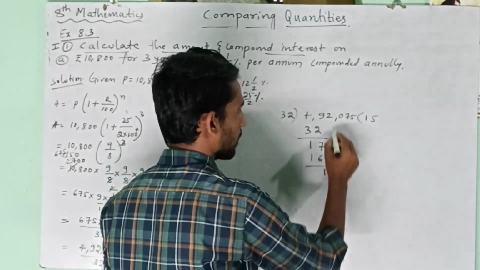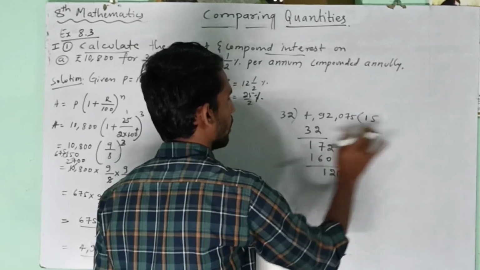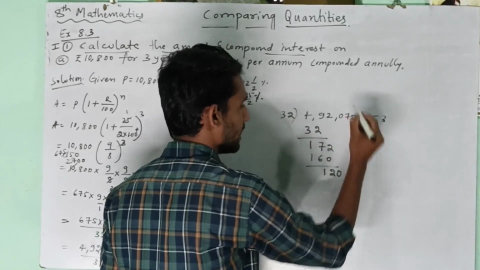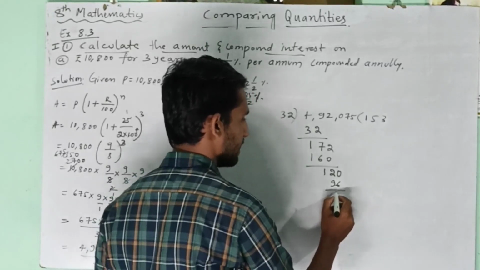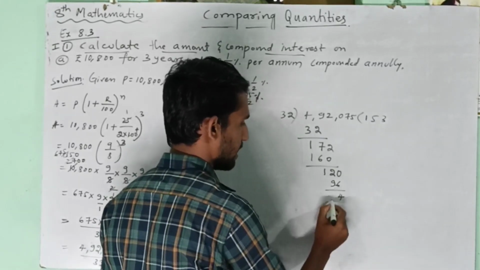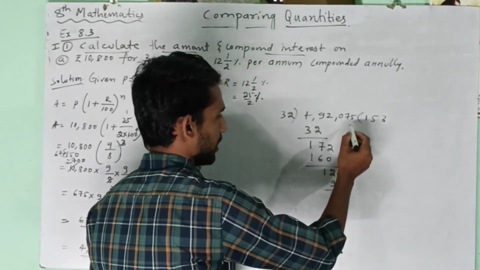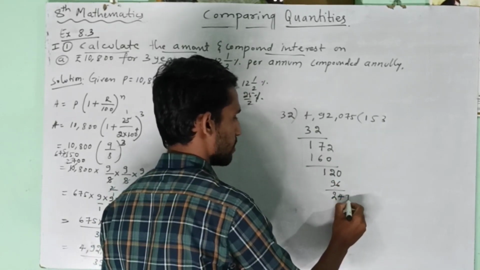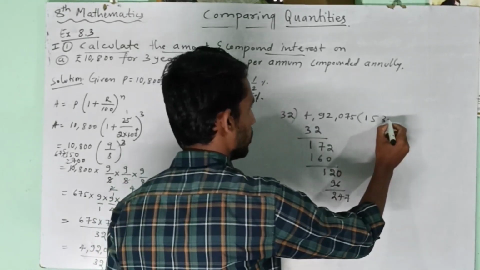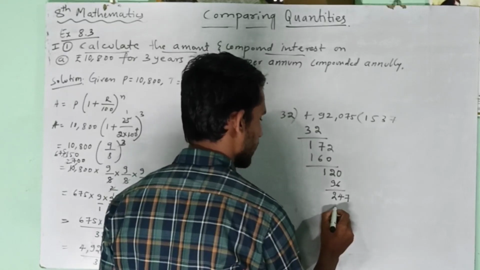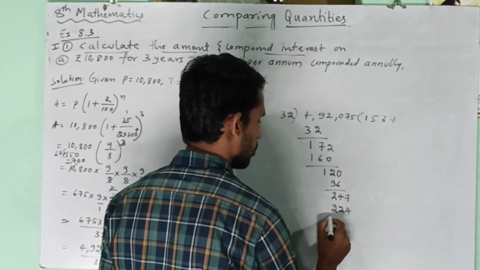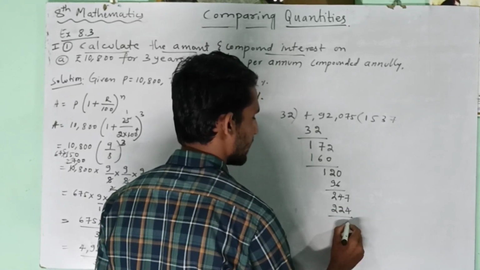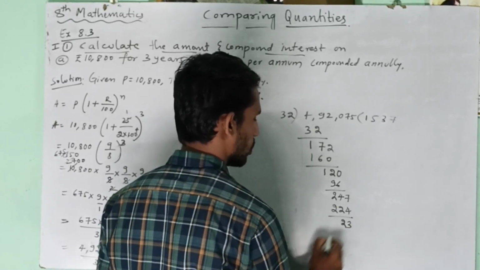Next again 0. Again 32 into 3 is 96. When you do the subtraction, you get 4, here 2. Next you take 7. 32 into 7 is 224. When you do the subtraction, you get 3, here 2.